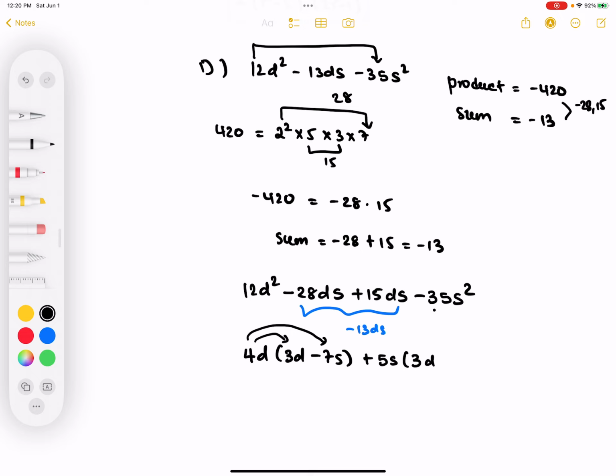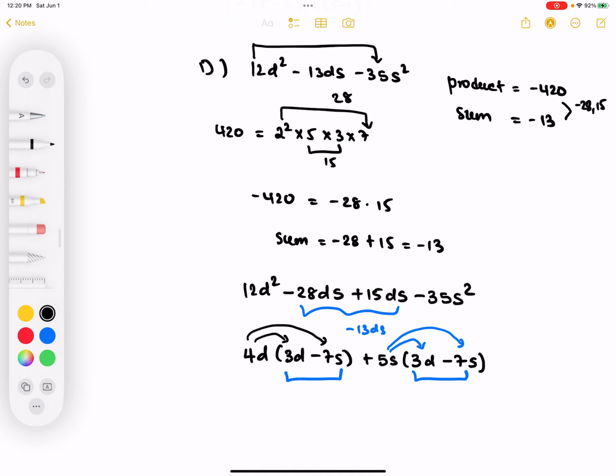And this one must be 7, so it is minus 7s. Then in order to check, 5s times 3d is 15ds, and 5 times 7 is negative 35s squared. That's good. Now look at this one, it is common now, you see.